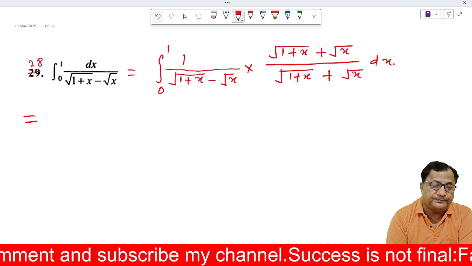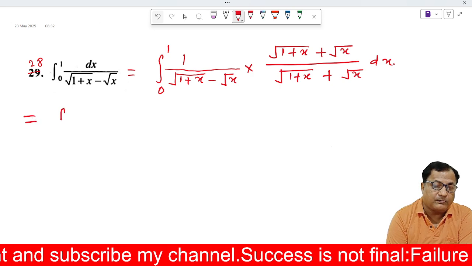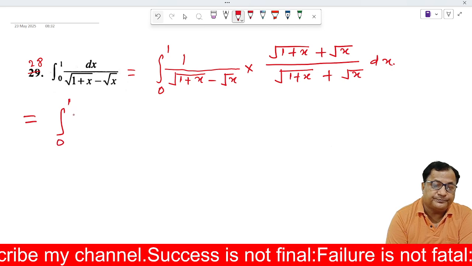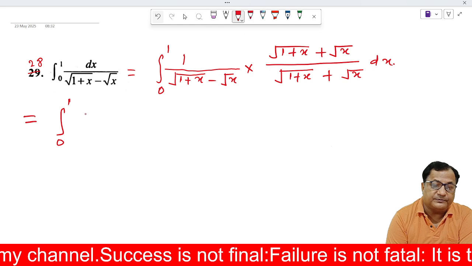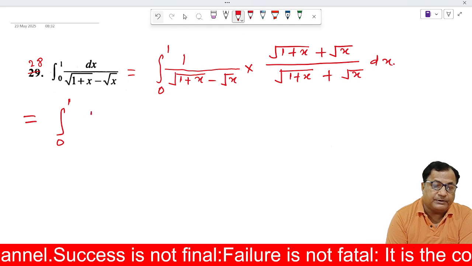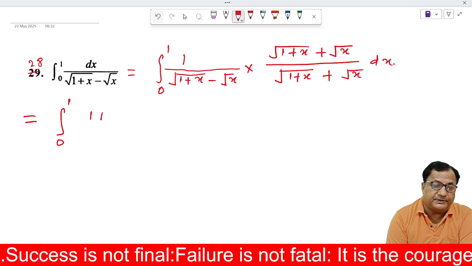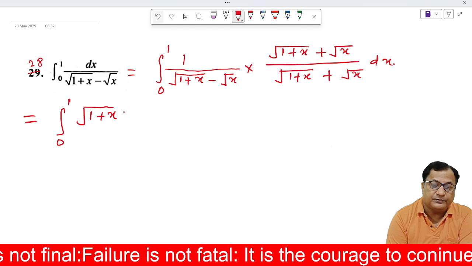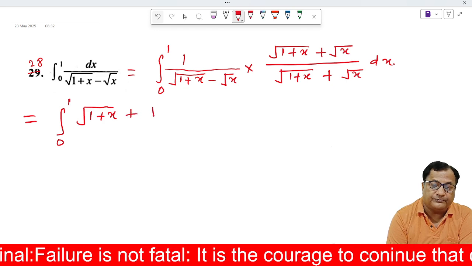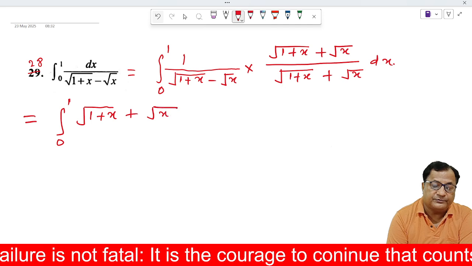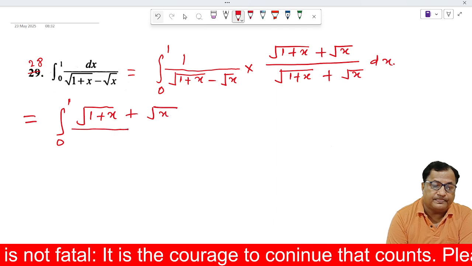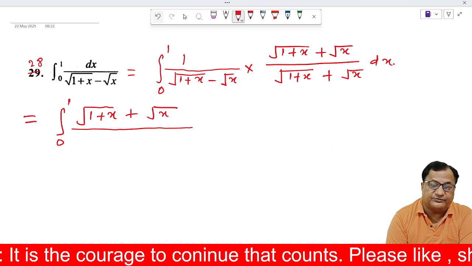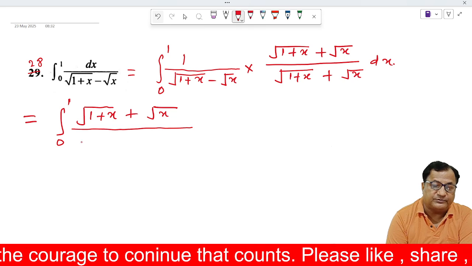So, integral from 0 to 1, this will be 1 plus x minus root x, divided by this. This is on the formula (a minus b) into (a plus b) equals a square minus b square.